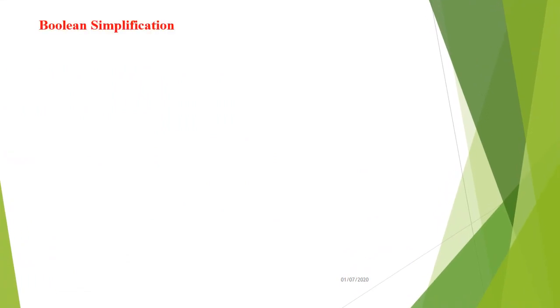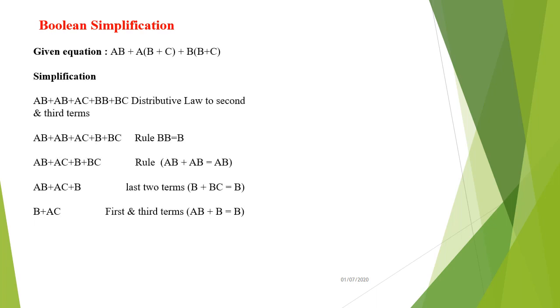How is this Boolean algebra used in Boolean function simplification? For that, we will consider the first given equation as A ANDed with B, ORed with A ANDed with B ORed with C, ORed with B ANDed with B ORed with C. One by one, we will apply the different rules and theorems that we have seen in the last PPT for Boolean algebra.